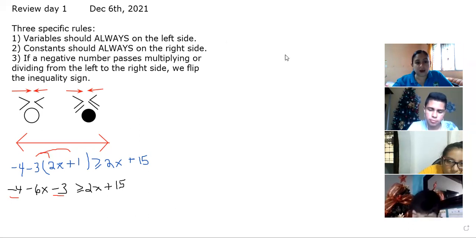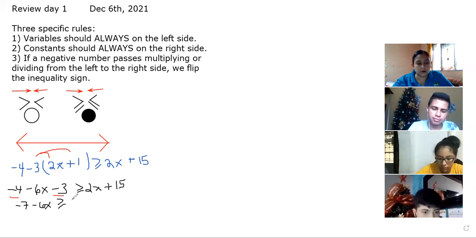So I'm going to simplify that. -4 minus 3, how much is that? -7. Why -7? Because same signs, you add and you keep the sign. -6x -7 is greater than or equal to 2x plus 15.